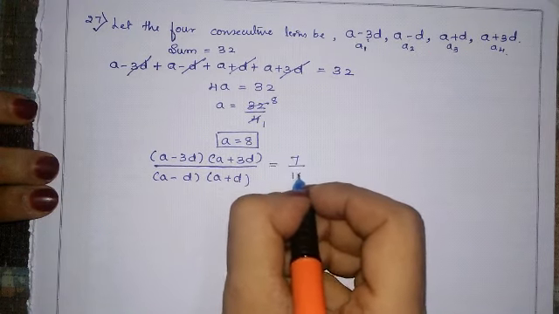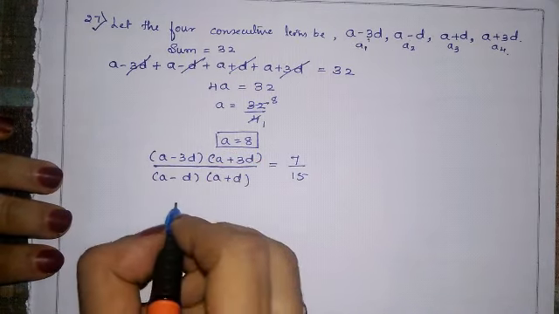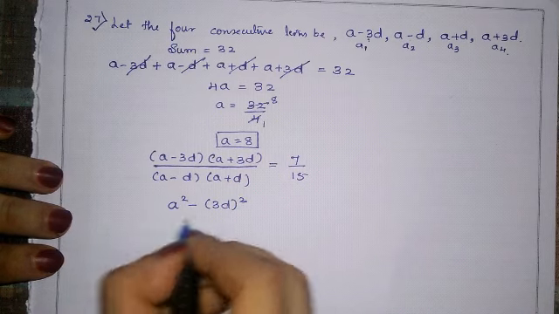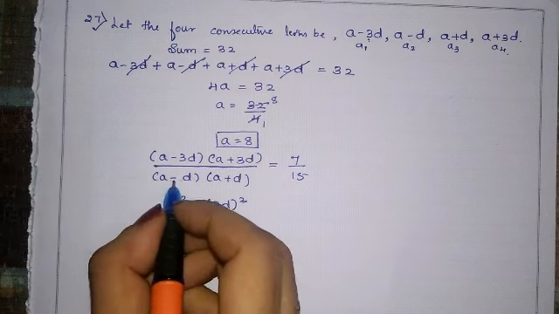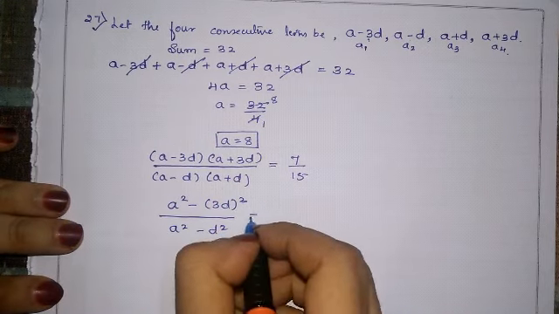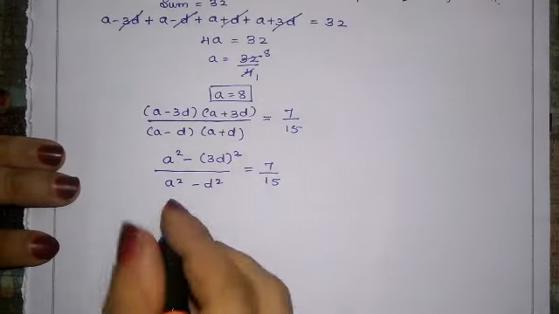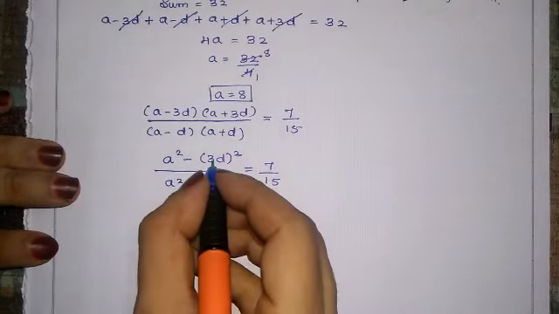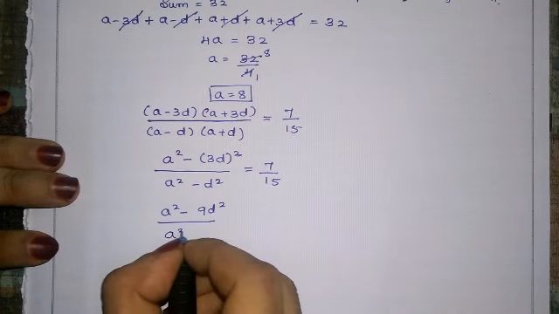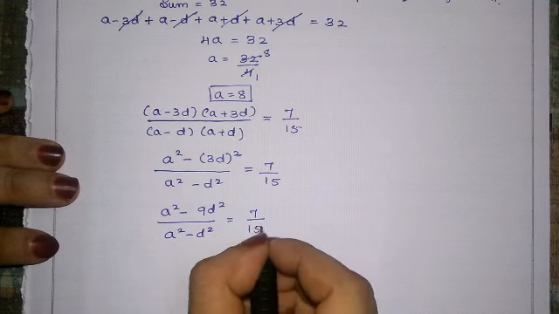So 7/15. We know that (a + b)(a − b) is a² − b². So (a² − 9d²) upon (a² − d²) is equal to 7/15, since 3 squared is 9d².